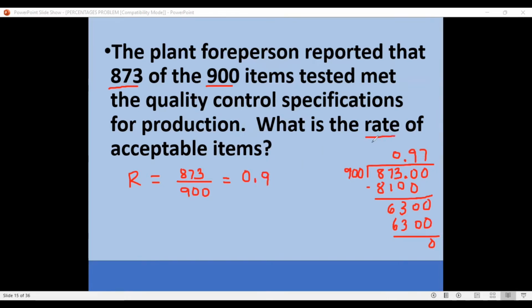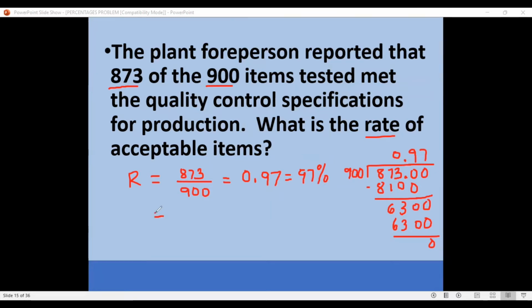And since we are to find the rate, and it should be in percent, you have to multiply this by 100. So let's change that into 97%.